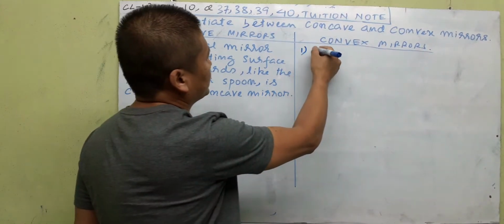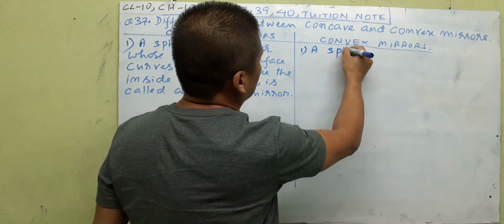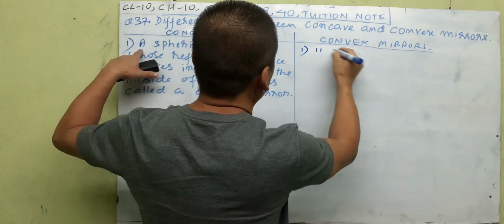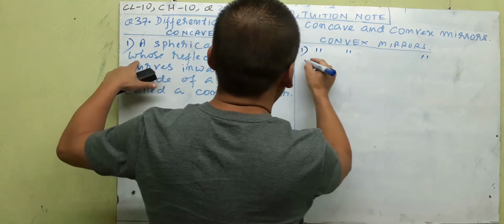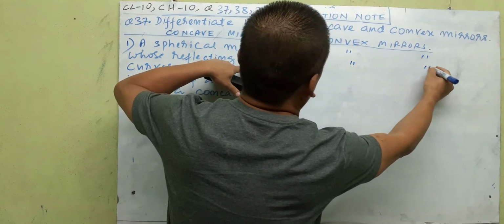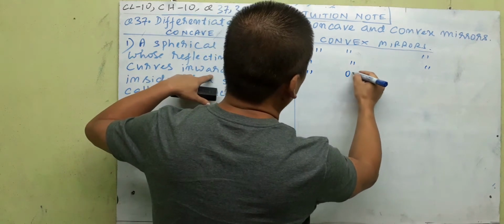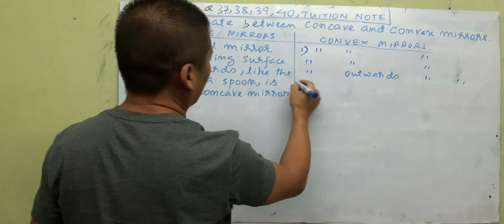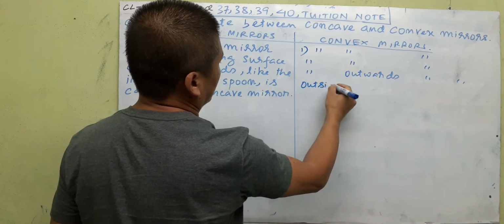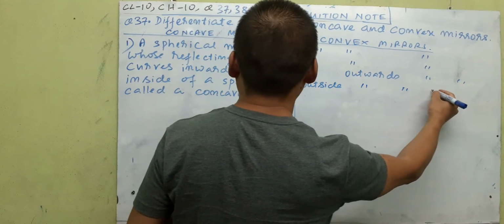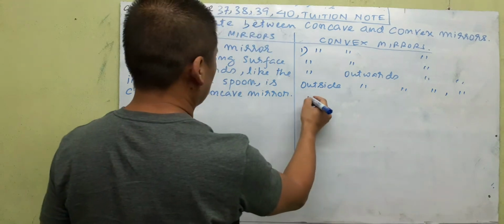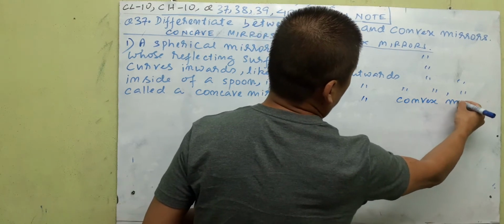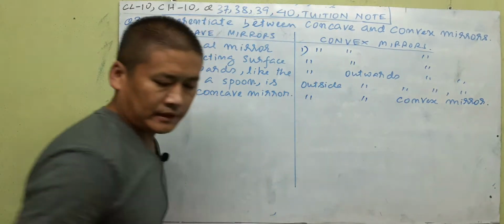And here for convex, following the same thing, a spherical mirror whose reflecting surface curves outwards, like the outside of a spoon, is called a convex mirror.